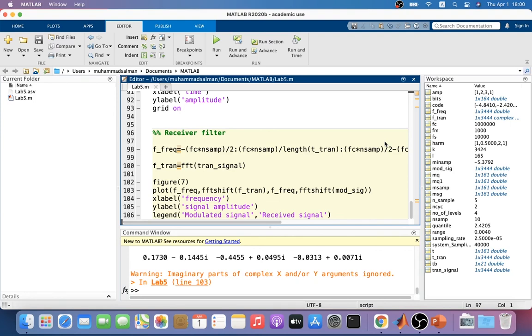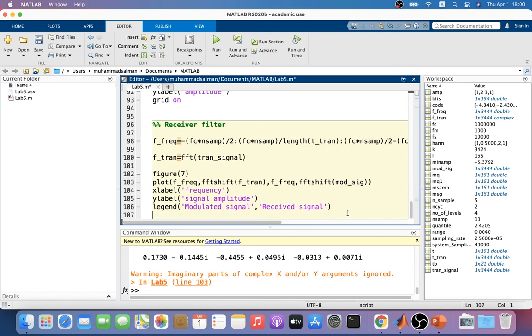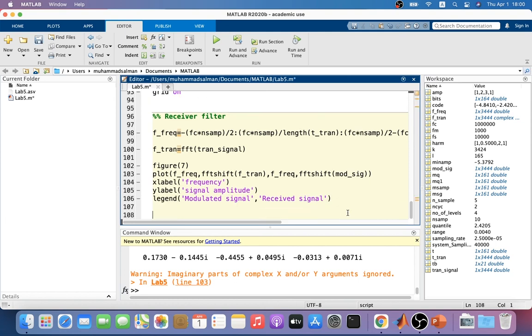So let's recover the signal, and for that we have to do some filtering. We have to remove the unnecessary noise terms, which is because of the other frequencies. So I will say f receive, for example, I'm calling it.